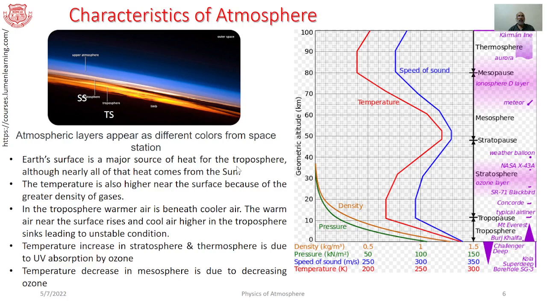So, the Earth's surface is the major source of heat for the troposphere, though nearly all of the heat comes from the sun.